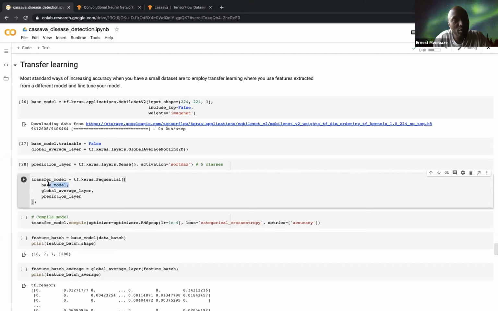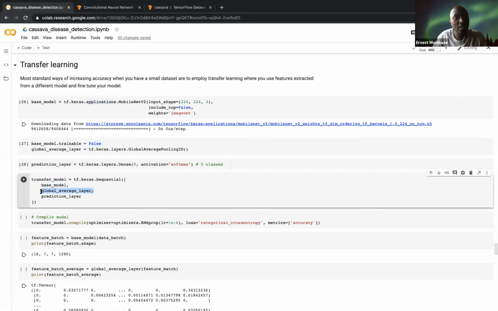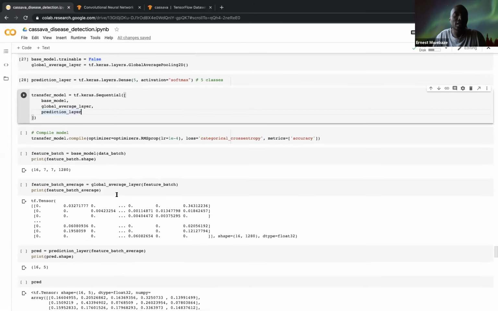So we have the base model, which is this model from MobileNet. We have an averaging layer to average the top there, since we've cut off the top. And then we add a prediction layer to that. Then we can train this with our cassava data.